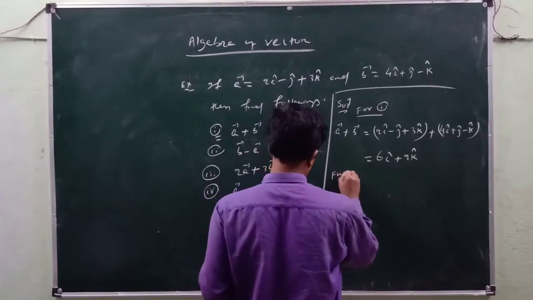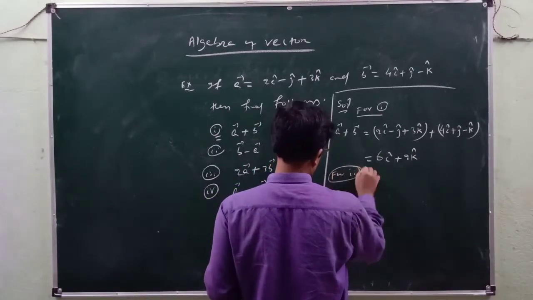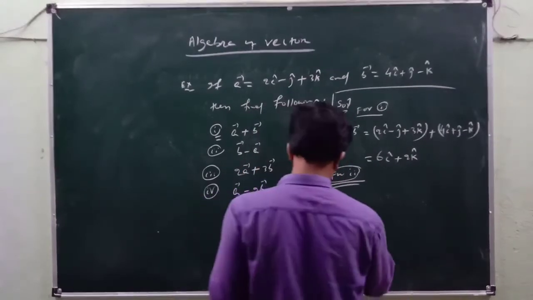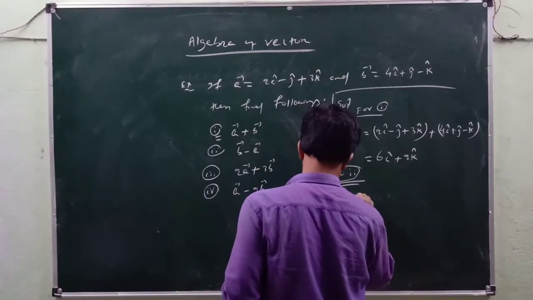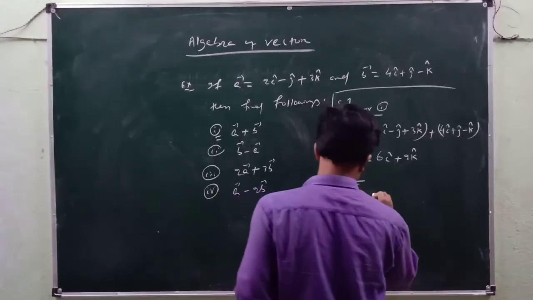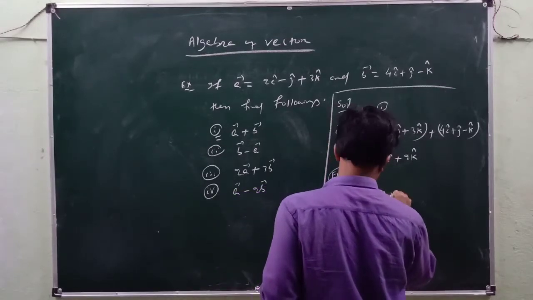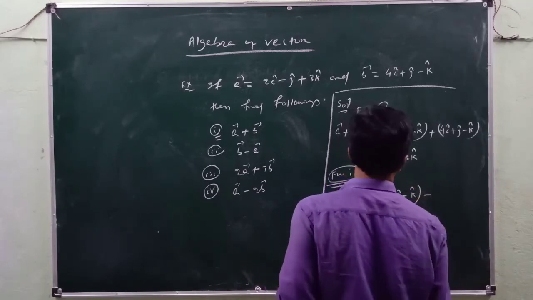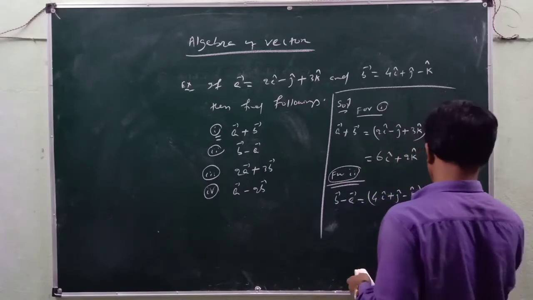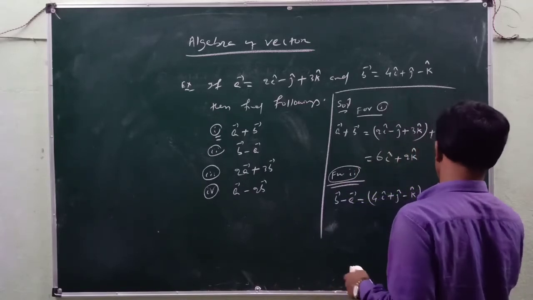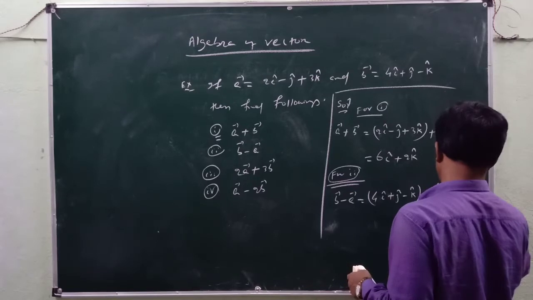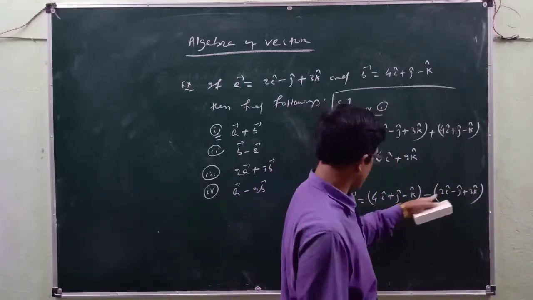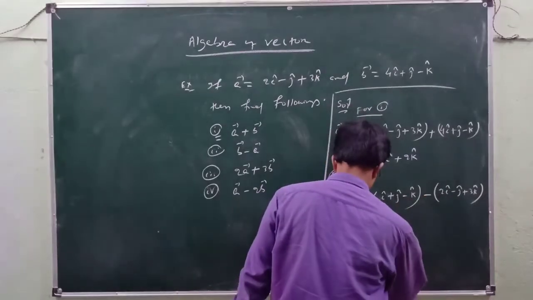Then for second bit, here b vector minus a vector. So first we write b vector minus a vector. In place of b vector, write 4i cap plus j cap minus k cap. Then we take negative sign. Then a vector 2i cap minus j cap plus 3k cap, which will be, look here, 4 minus 2, that will be 2i cap.